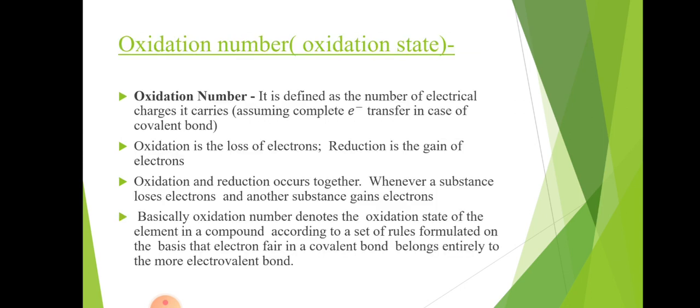Then another point, that is the second point, is the oxidation number. That oxidation number is also called the oxidation state. And what is the concept of oxidation number or state? The concept of oxidation number is introduced for redox reactions.